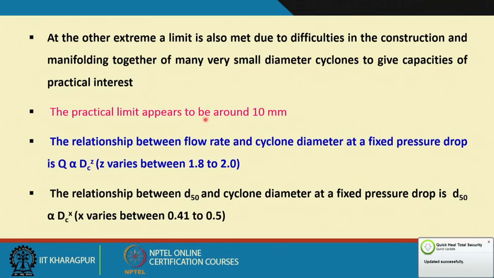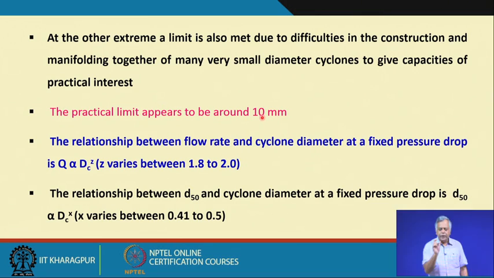The practical limit appears to be around 10 millimeter, that is, we can have a 10 millimeter diameter cyclone. A 10 millimeter cyclone is a very small cyclone, just about this size, used for very fine particle processing, like one example is clay processing industries, but to match the capacity you need a number of those cyclones.